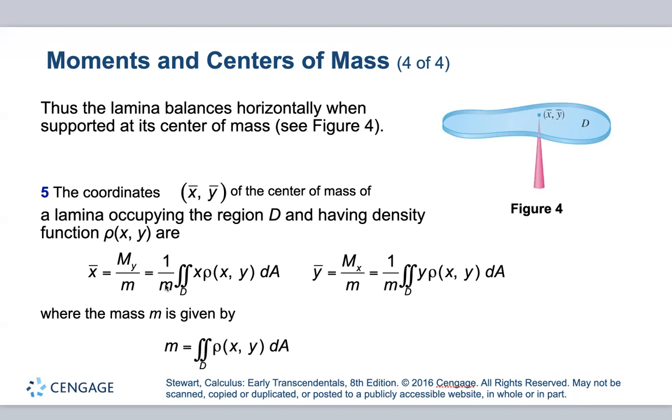The mass, that m, is just the double integral of the density over the region. Similarly, the y-coordinate of the center of mass is Mx divided by little m, and the moment about the x-axis is the double integral of y times the density dA.